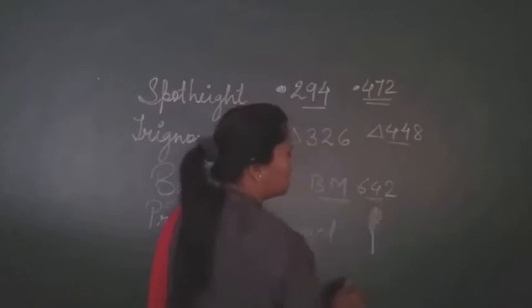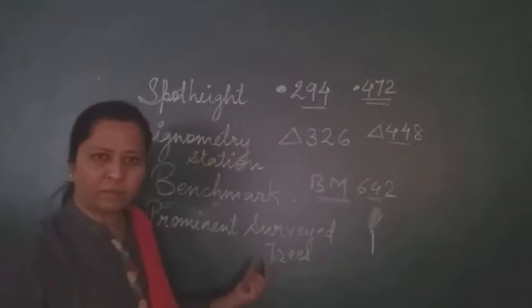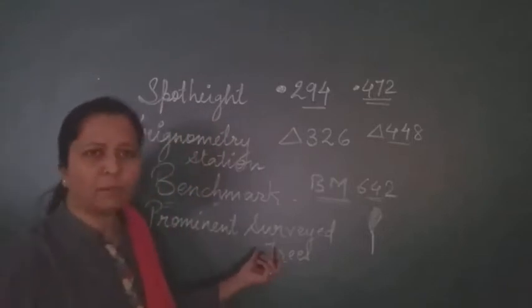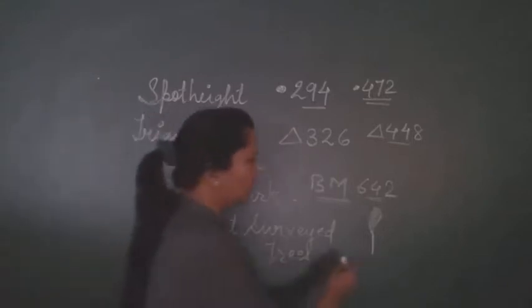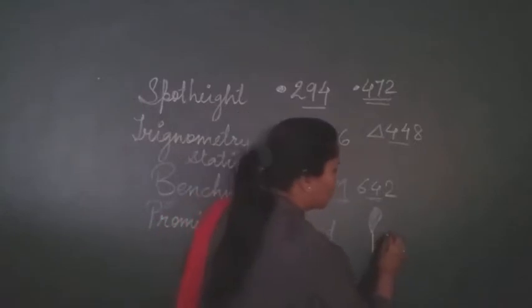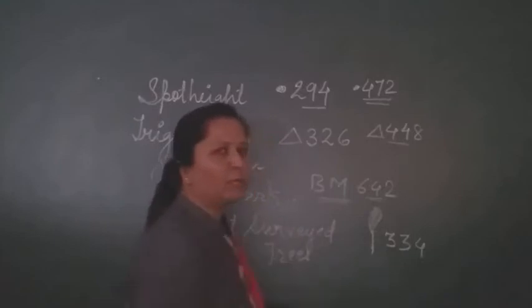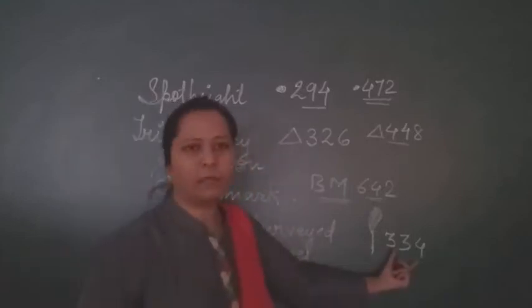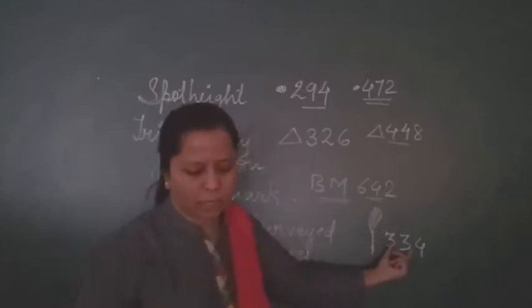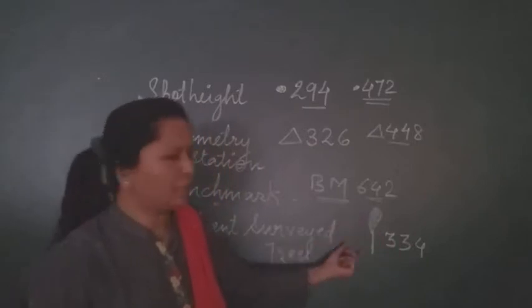So what are these? These are nothing but prominent surveyed trees. The height of the place is noted and written in the form of a number, for example 334. Usually this symbol and a number are written, and that is called the prominent surveyed trees.